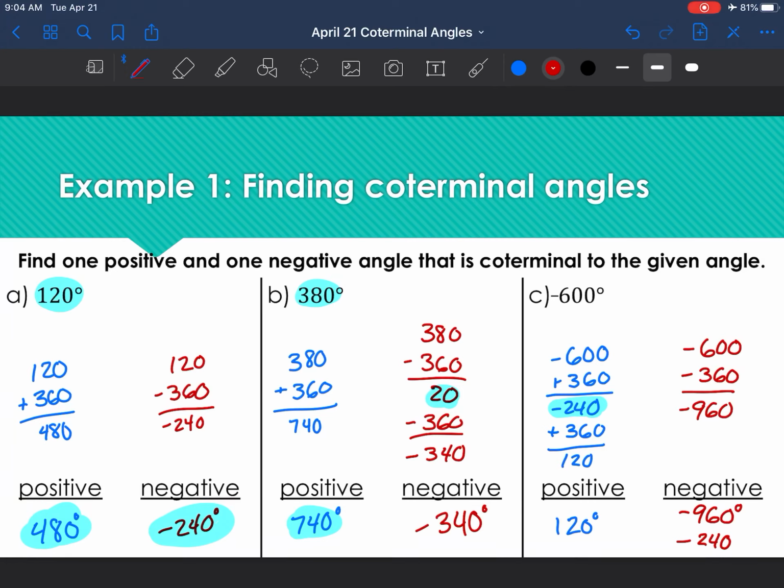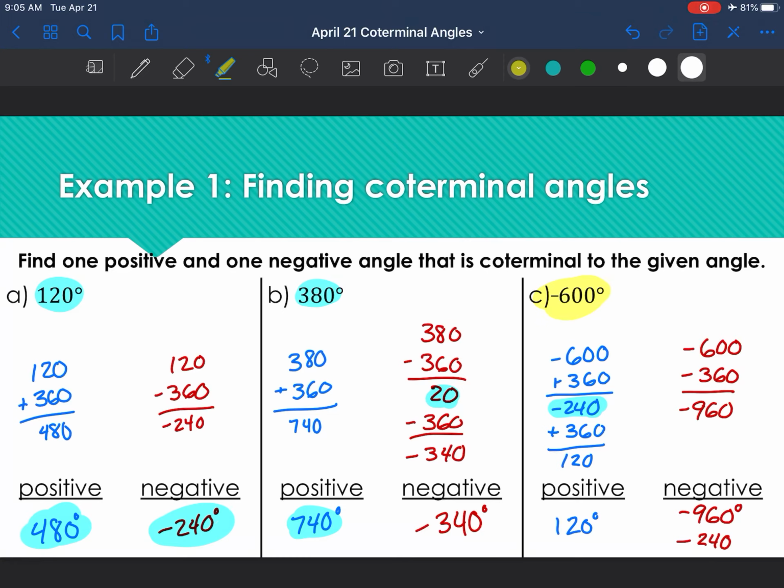The reason why we find coterminal angles is because of this. If I tell you to graph negative 600 degrees, some of you are going to be able to figure it out. But for others, and for me sometimes, I don't know what a negative 600 degree angle looks like.